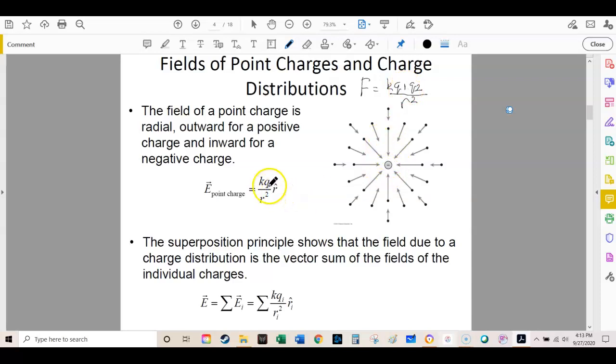So we only want to look at what is causing that field, right? So we don't really care about this other Q2. We're basically tossing that out. And when you toss it out, now you're not dealing with a Q1 interacting with a Q2. You're only looking at a Q1, which then just becomes an electric field, right? So now you're just looking at the electric field. You don't care about this Q2 right now. You'll worry about it later on when you actually want to calculate a force, okay? So that's why you only have a Q1 here and not another Q2, because we're taking a look at the electric field and not the force.